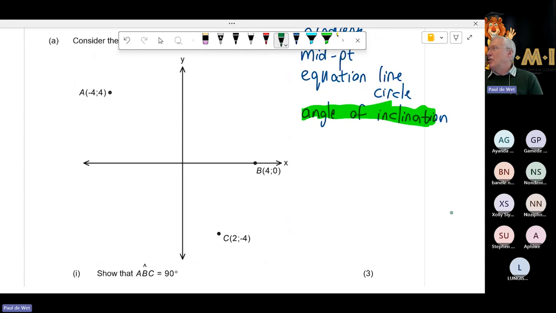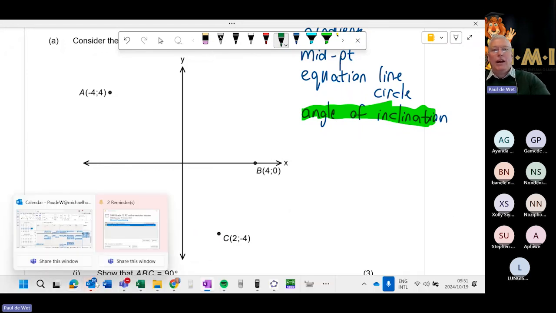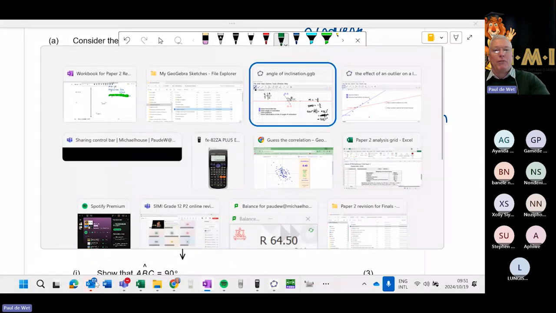Are you taking some photos today? Yeah, please try to get some nice clear photos, okay? Because we need some for our school magazine. If the teachers can come, there are 2 memos here. Please take one of each: the memo for this workbook, but also the memo for the DBE paper. And for the schools that are joining online, I'm going to put those 2 memos on the WhatsApp group now.